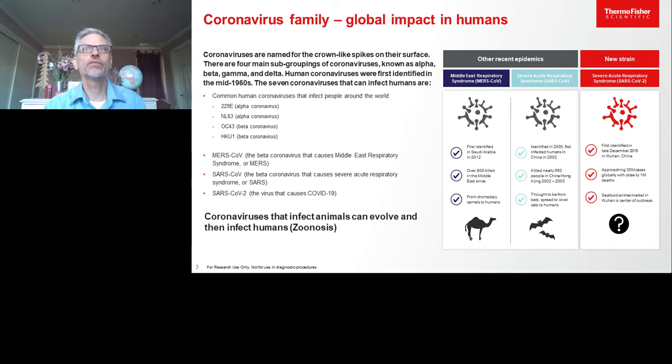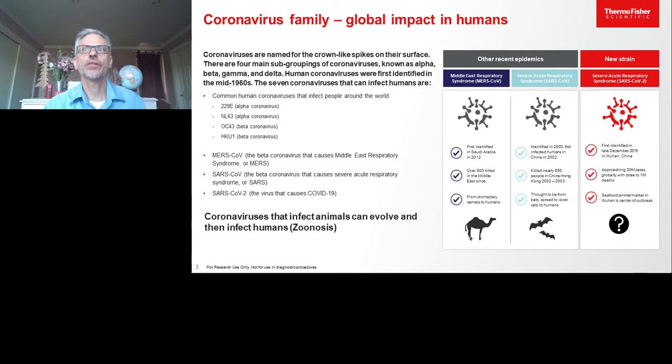In 2012 was the syndrome MERS. This was identified in Saudi Arabia in 2012, and killed over 800 people in the Middle East, and was transferred from dromedary camels into humans.